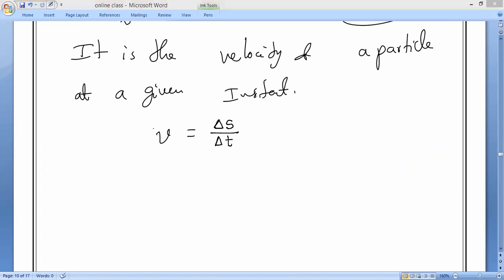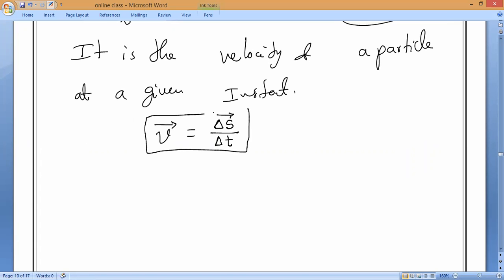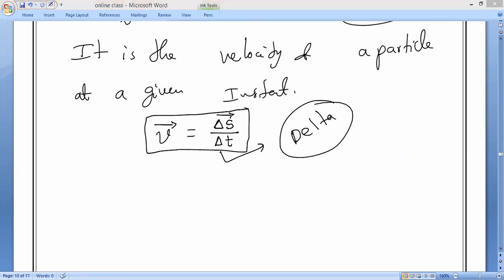So instantaneous velocity is represented with the velocity arrow. This is the formula for instantaneous velocity. What do we call this symbol, guys? The symbol is called delta. Delta S. Understand? So delta S divided by delta T is what we call instantaneous velocity.